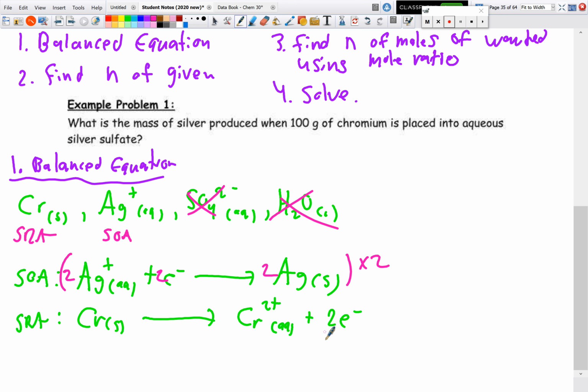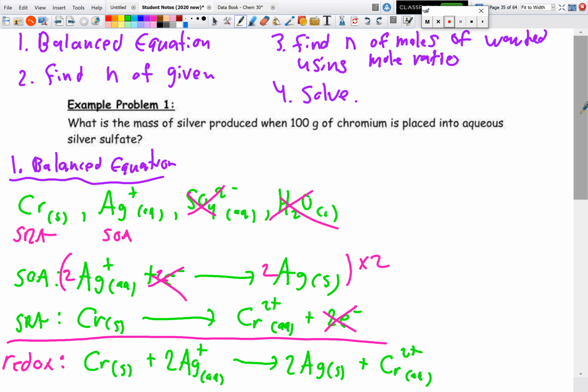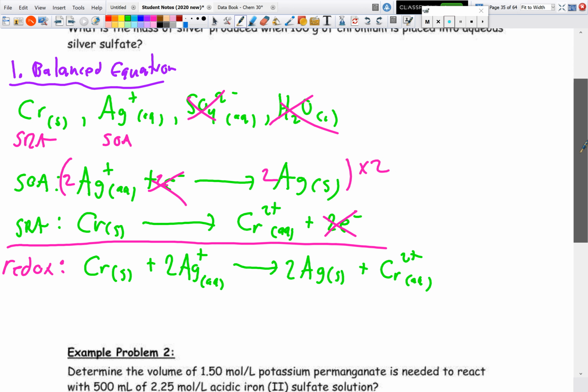And now when we add them together, the electrons cancel out and we get our redox reaction of Cr solid plus 2 Ag plus, which is aqueous, producing 2 Ag solid plus Cr 2 plus. Now we did all this for our first step, which is finding our balanced reaction.